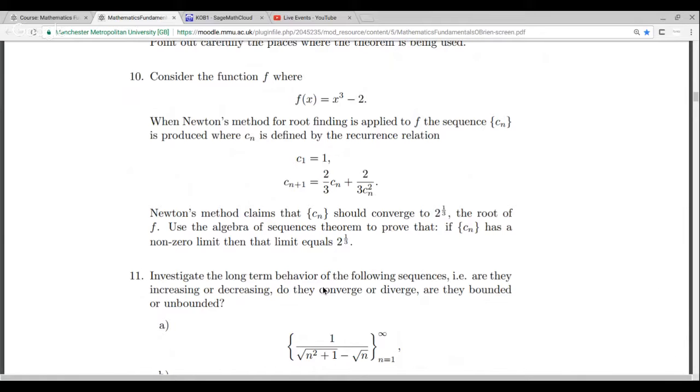Then we can apply the algebra of limits theorem, this theorem which we're about to prove, to the recurrence relation itself, the recurrence relation being this equation here, relating Cn plus 1 to Cn. You take the limit of both sides.